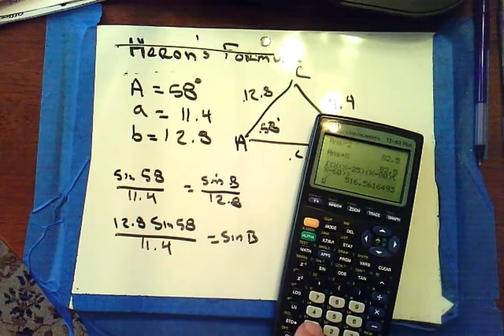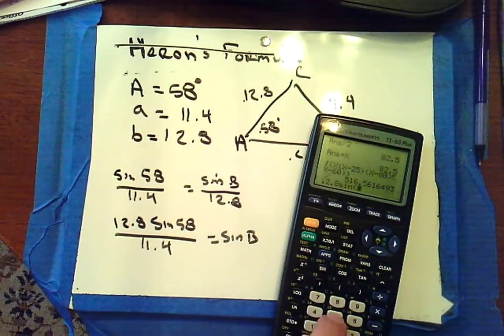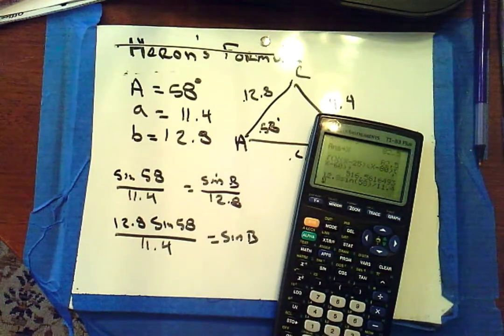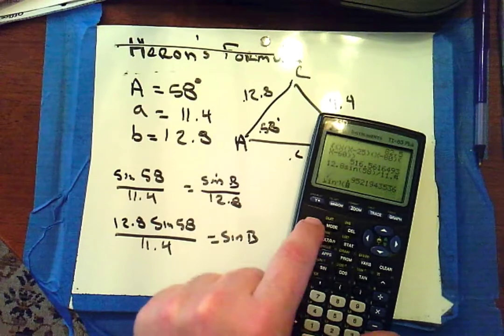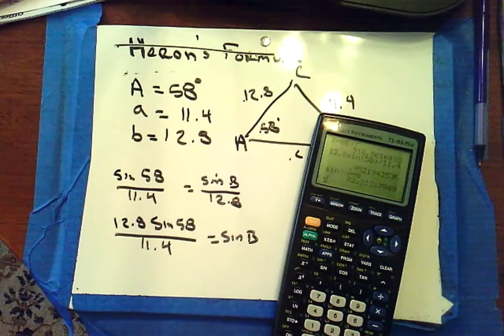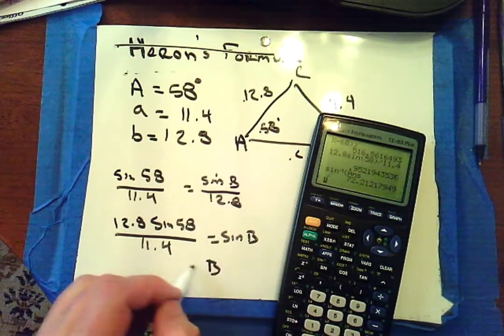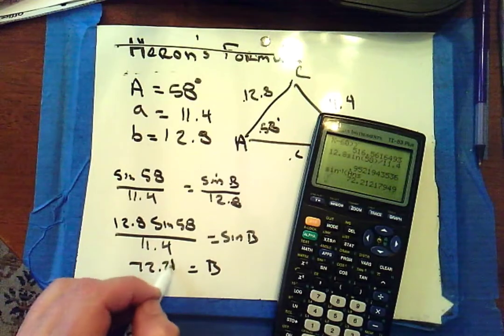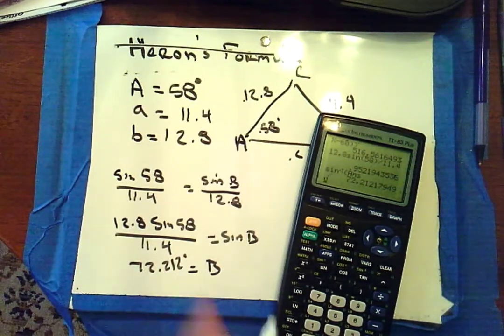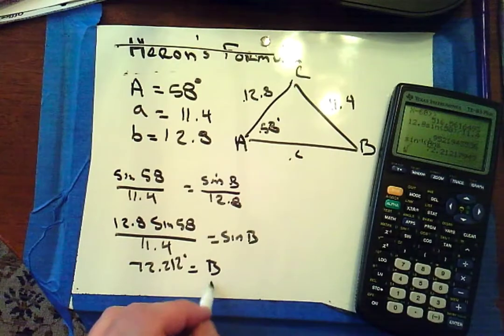When we did this problem earlier, 12.8 sine of 58 divided by 11.4, and do the inverse sine of that number, I get b equals 72.212 degrees. But this was the problem where we also had a b prime.